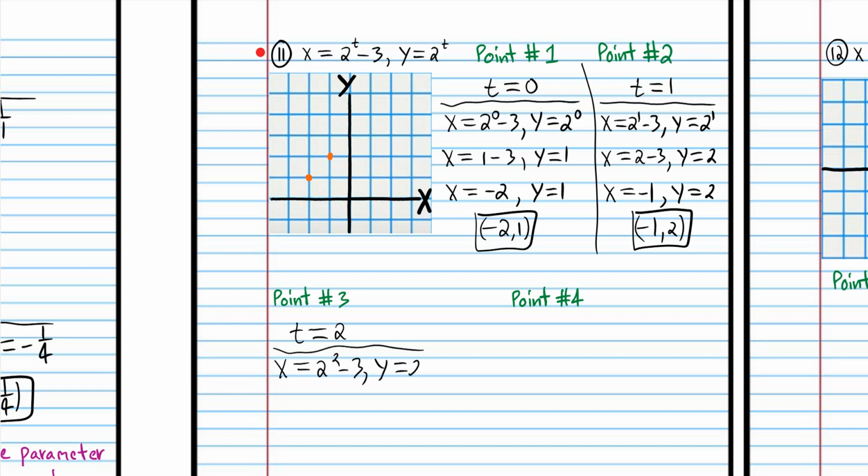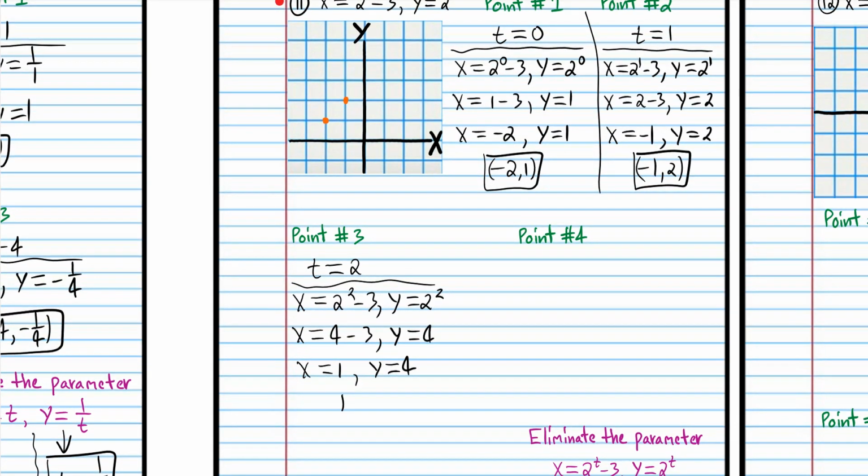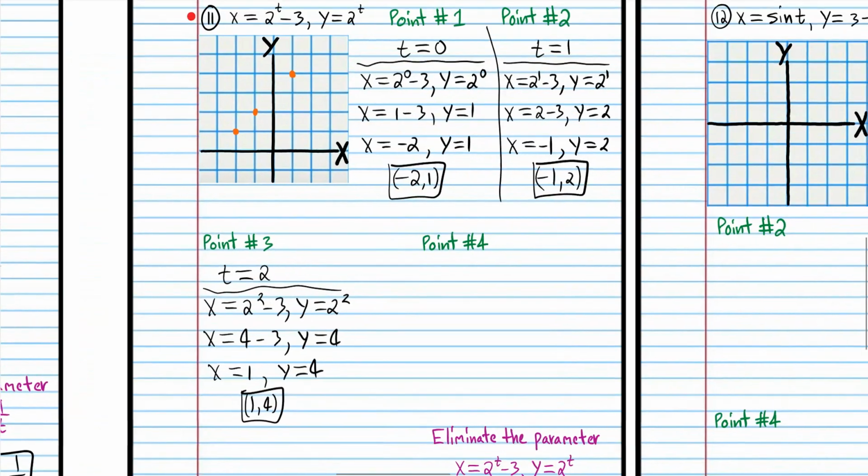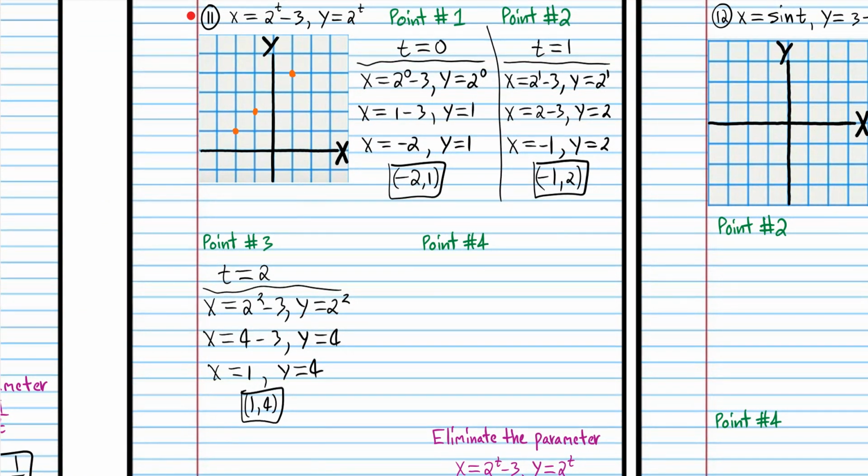Y is equal to 2 to the 2 power. So we have 4 minus 3, 4. X is equal to 1. Y is equal to 4. So 1 comma 4. So we have another point there. And you can see that this is kind of looking like a line.